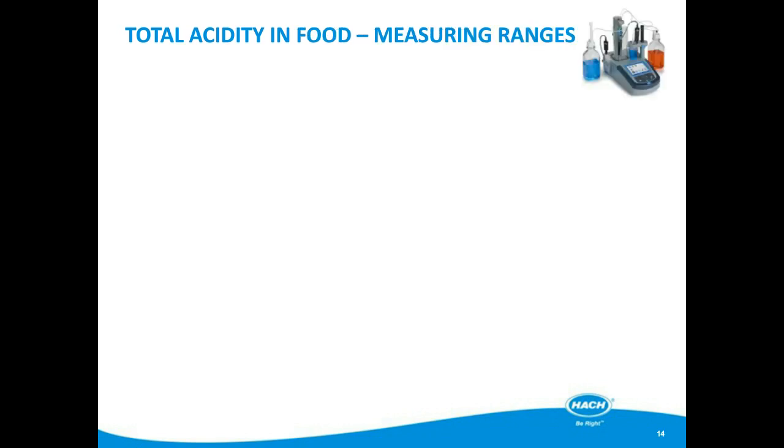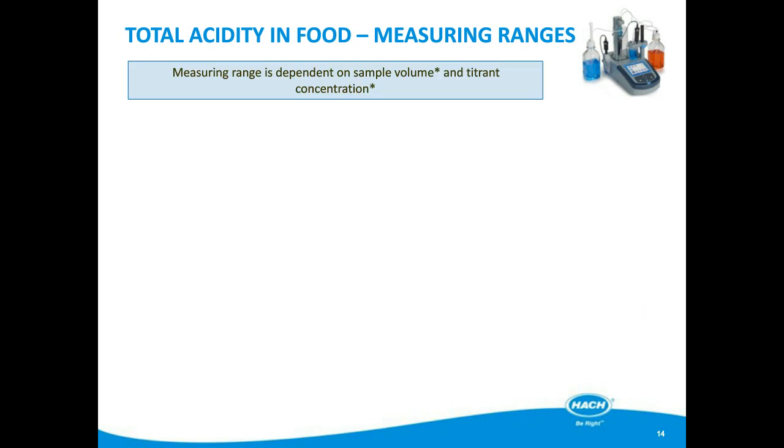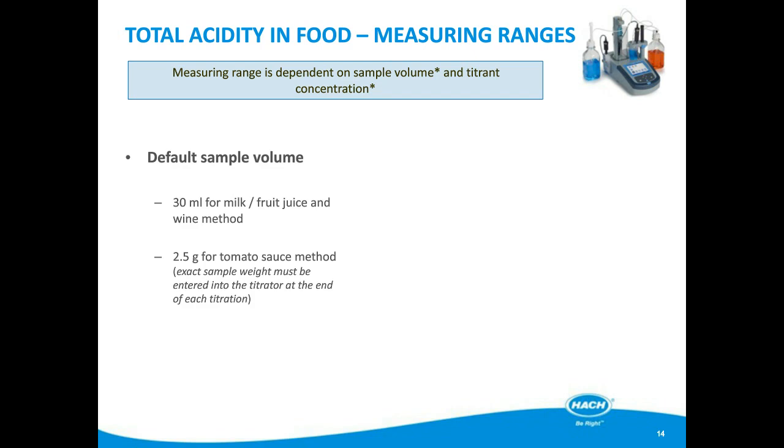Regarding the measuring range, it is dependent on sample volume and titrant concentration. The default sample volume is 30 milliliters for milk, fruit juice, and wine methods, and 2.5 grams for the tomato sauce method.